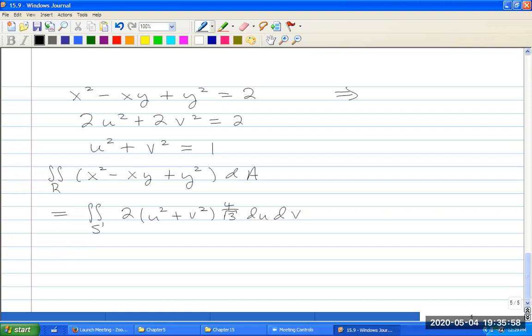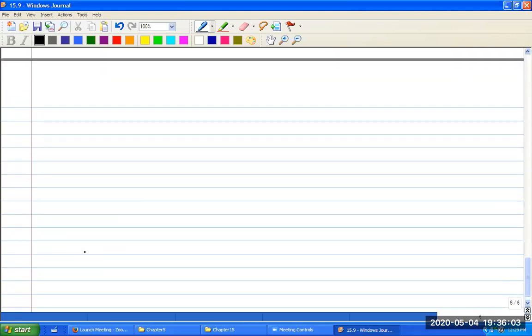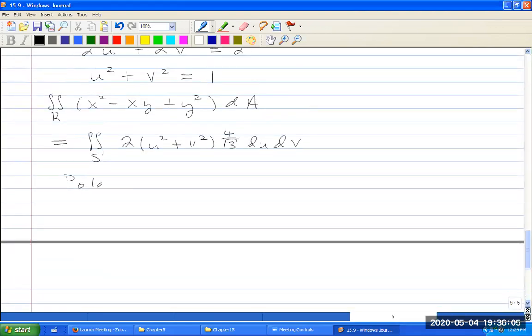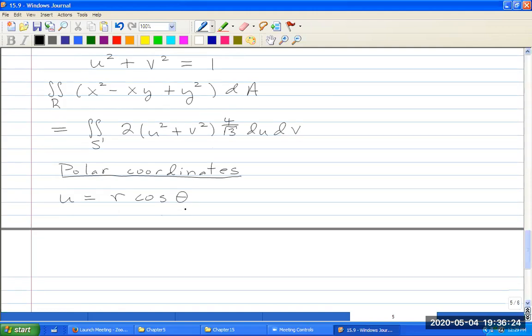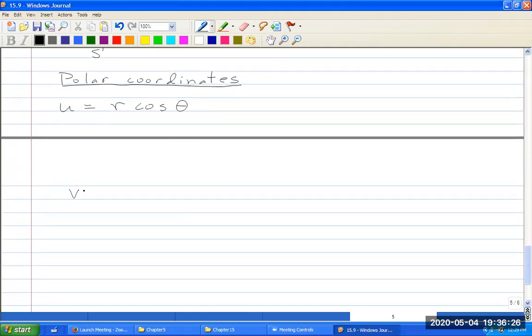But I'll assume I don't know anything about polar coordinates because I want to do this in general, and then we'll be done. So that u equals r cosine theta, v equals r sine theta.